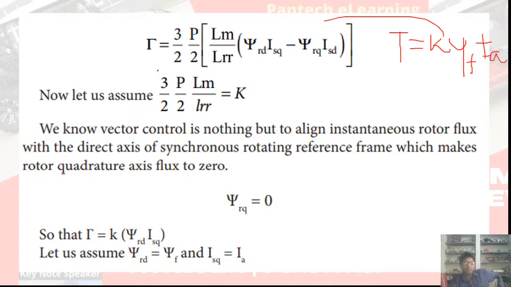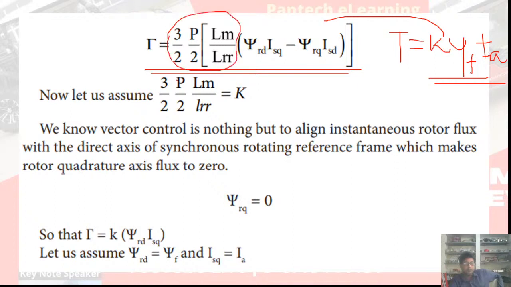Now this is the torque equation for an induction machine. Now this is to be converted like this, then only I can operate an induction machine analogous to a separately excited DC machine. As I told, these all are the passive parameter for induction machine. We can take it as constant.